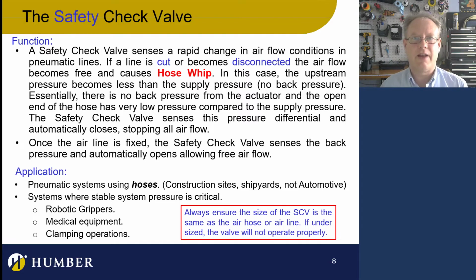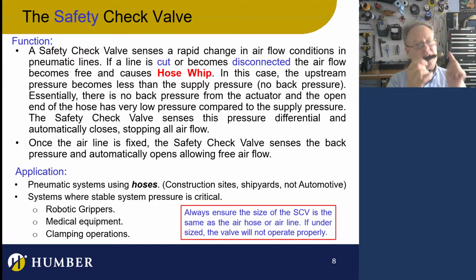Especially if it's a heavy line, like those really big industrial compressors you see on the street when they're using jackhammers. If that hose breaks or gets disconnected from the jackhammer, it can start flailing around and dent cars. It could kill a human, or do some pretty serious damage.